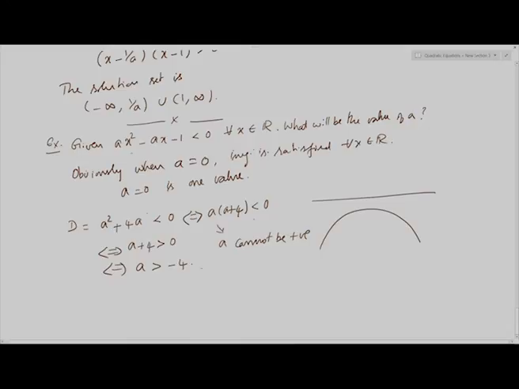Therefore, a has to be negative and greater than minus 4, so a belongs to the open interval minus 4 to 0. Already a equal to 0 is a solution, therefore the complete solution set is minus 4 to 0, and it is not an open interval at 0, so I can include the 0 also, because a equal to 0 is a solution.